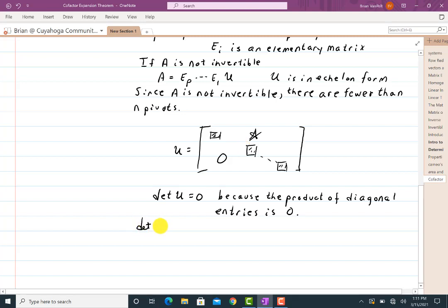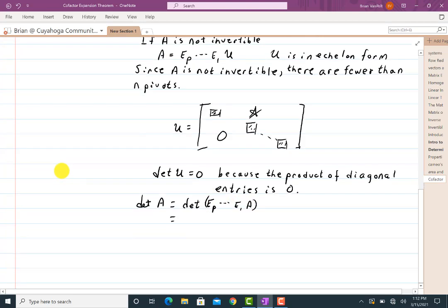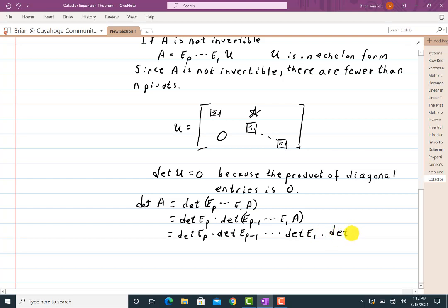And then when you look at the determinant of A, that will be the determinant of E_P down to E_1 of A. And now, using those assumptions that I made before about elementary matrices, you can peel off one elementary matrix at a time, and keep going. And I made a mistake here.